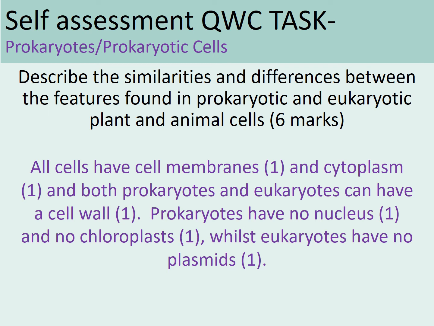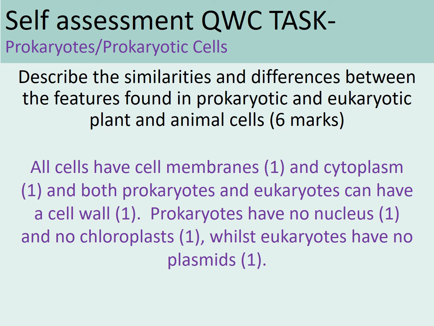You might have said that all of them have got cytoplasm, so that jelly-like substance where chemical reactions take place. You might have said that you do find cell walls in prokaryotes and eukaryotes, or you might have said that you find them in prokaryotes and plant cells.